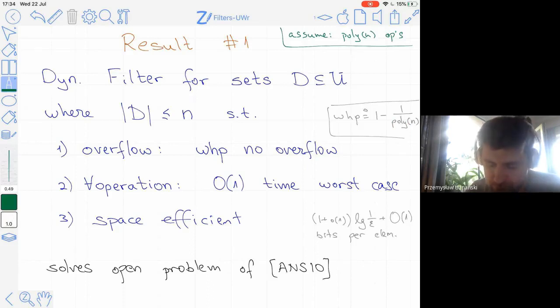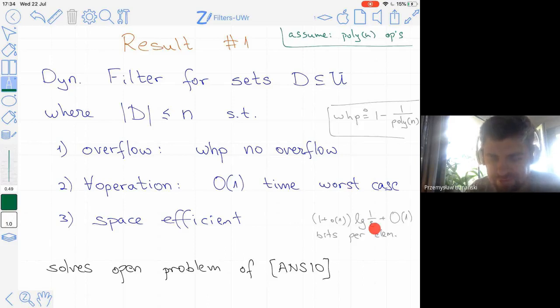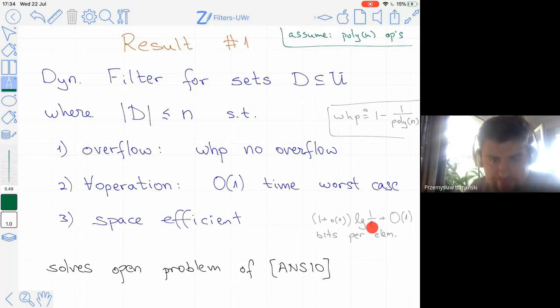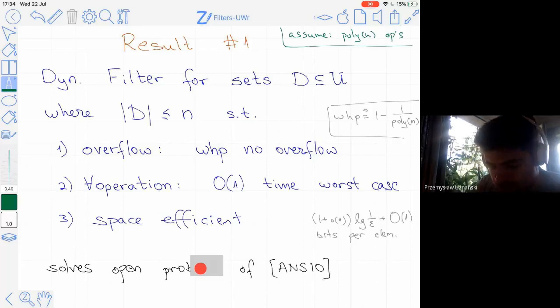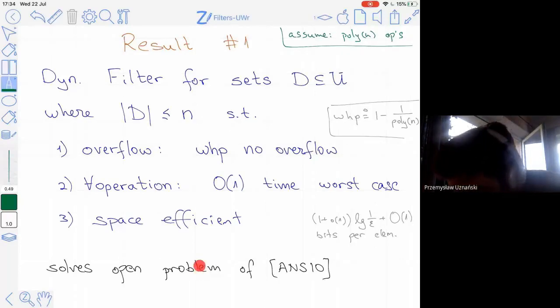For every operation, I can complete the operation in constant time in the worst case. And I'm space efficient. Space efficient meaning this is the number of bits I need per element: (1 plus little o of 1) times log of 1 over epsilon plus a constant. And this solves the open problem of Arbitman, Naor and Segev, regarding the design of a dynamic filter. Okay?